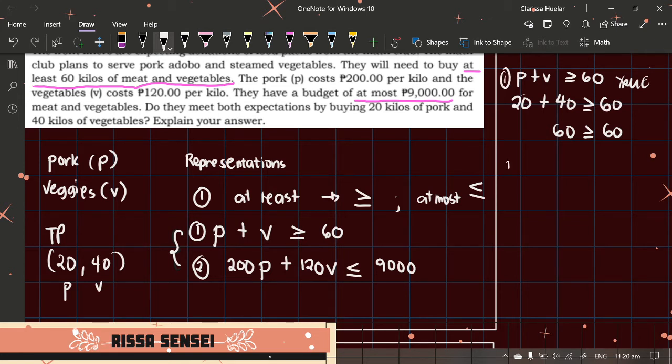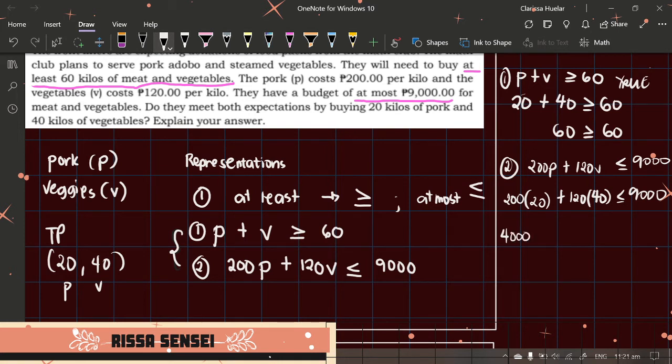How about the second inequality? Meron tayong 200P plus 120V less than or equal to 9,000. So, let's substitute. So, 200 times 20 yung kilos ng pork plus 120 times 40 yung kilos ng vegetables. Tingnan natin kung less than or equal to 9,000 ito. 200 times 20, so that's 4,000.